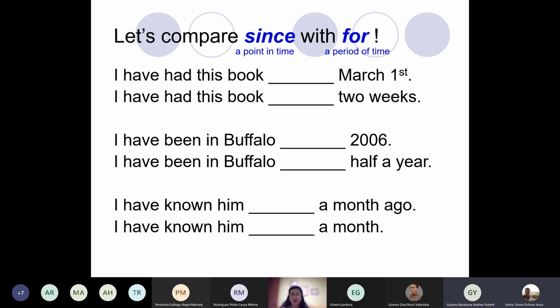Excuse me? And 2006 is since or is for? I have been in Buffalo for half a year. And 2006, y la anterior, ¿cómo quedaría? I have been in Buffalo since 2006. Very good. Luis Haber. Next one.